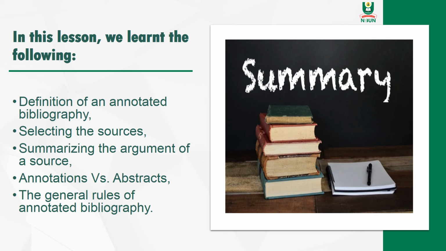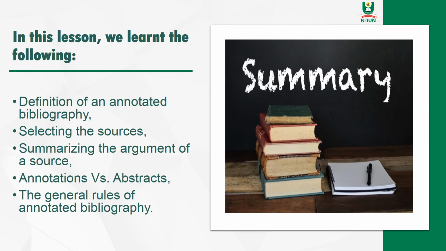The purpose of the annotated bibliography is to inform the reader of the relevance, the accuracy, and quality of the sources cited. We also learned how to select these sources, as well as how to summarize the argument of a source.